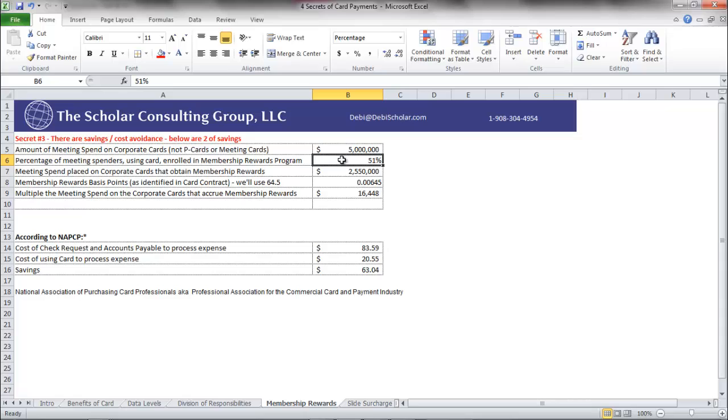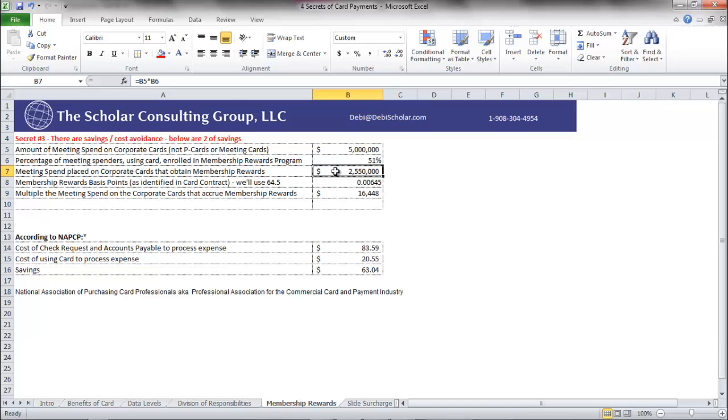So 51% of the employees are actually enrolled in the membership rewards program, and we're going to presume that those people are also paying for meetings and events on their card. So the meeting spend that's placed on a corporate card that obtains membership rewards is $2,550,000.